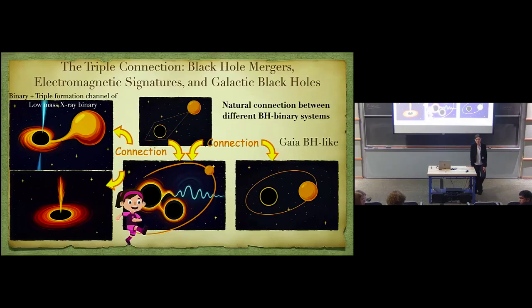So your question is how many of the LIGO sources are affected by this channel? Overall, the presence of a companion. Here I assume that 70% are actually in triples, and that's a very big assumption, if there is no natal kick. If there is a natal kick, then we need to rethink that.